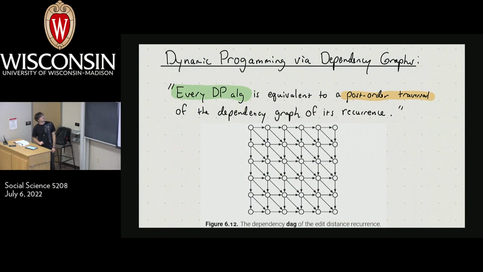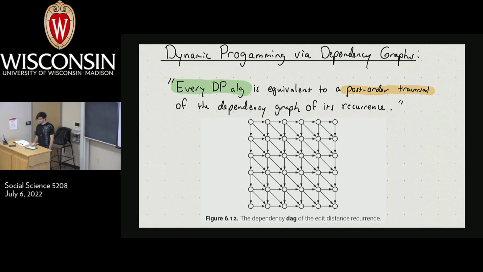And here's the big, this is like the final thing about DP. Every single DP algorithm is equivalent to a post-order traversal of the dependency graph of its recurrence. Like all of them. So every time you do DP, what you're really doing is you're building this dependency graph, and then you're running a DFS on it.